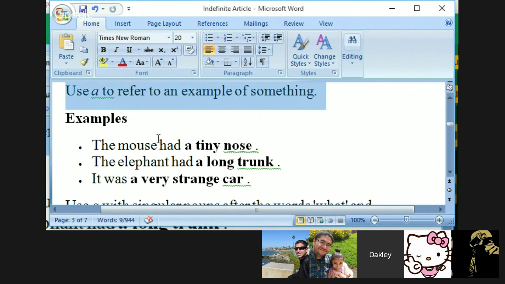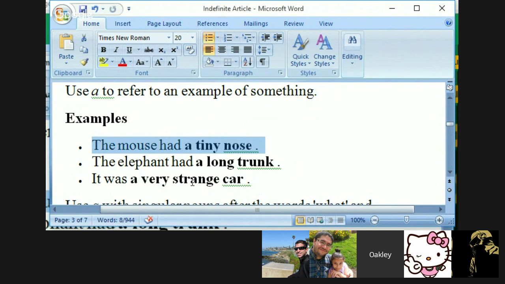Okay. The mouse had a tiny nose. In this case, in context, we would have mentioned the mouse before, but now it's the first time we're mentioning his tiny nose. So really it's following the first rule: the first time you mention a noun, actually.